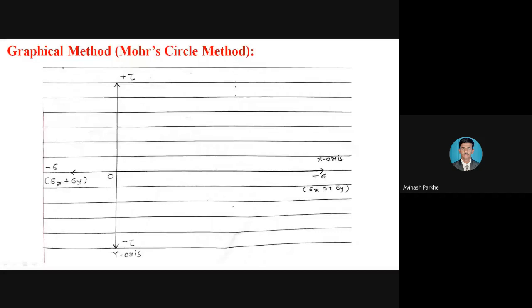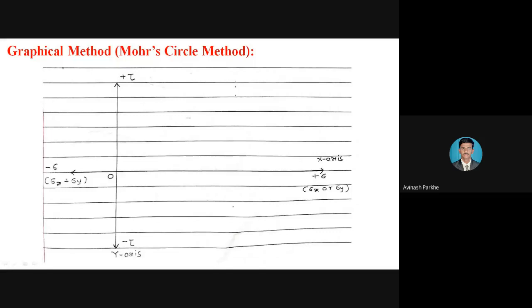Again, I am calculating the same parameters as with the standard formulas: normal stress, tangential stress, shear stress, resultant stress, and the angle of obliquity. So a total of 5 formulas are there through which we have calculated the unknown parameters. Similarly, by using this graphical method, the Mohr circle method, we again calculate the same parameters: normal stress, tangential stress, resultant stress, maximum shear stress, and the angle of obliquity.